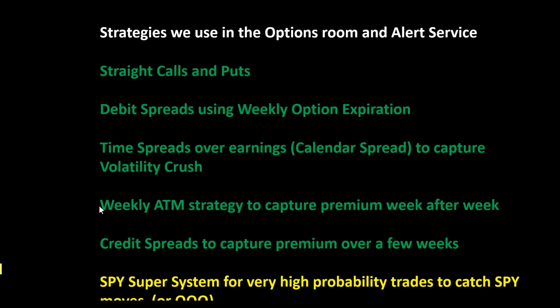We'll buy a put at a lower strike price to protect that trade. So if the stock turns against us, we can profit from the long put by closing out the short put and still having room for it to go in our favor. And again, we just do this week after week after week. As I said, we just closed Bank of America for a really nice profit on a weekly ATM.